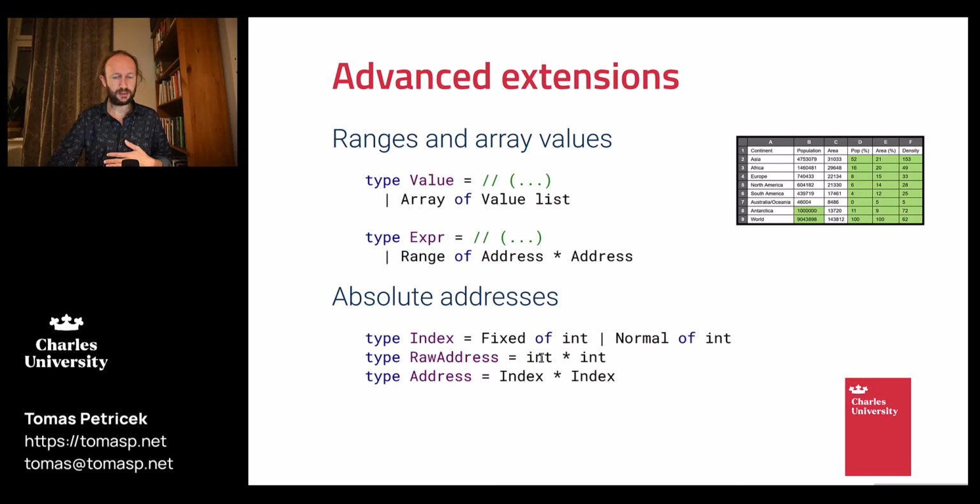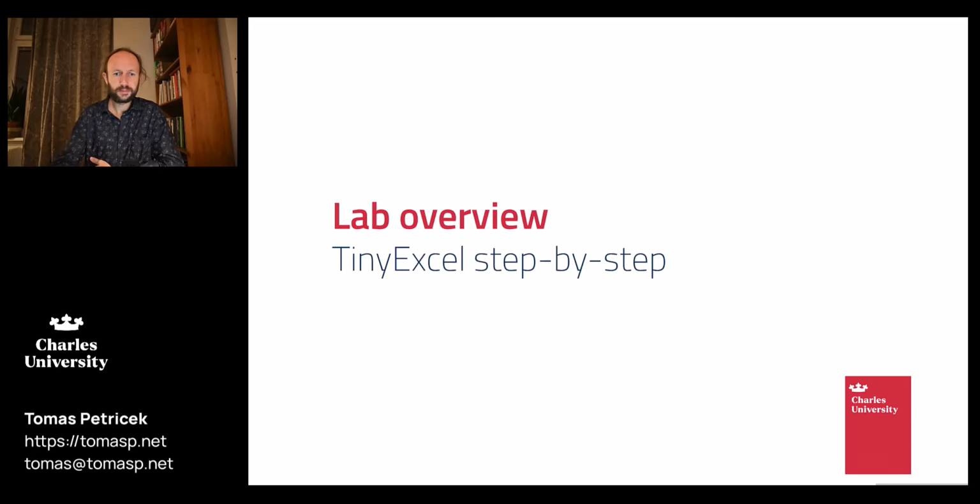And when we do that, we will represent the address as this index, but then we will also need to store the underlying raw address because the address with the relative indices, that's something that you have in expressions. But when you store this in a dictionary, we actually want to just know the raw address where things are.